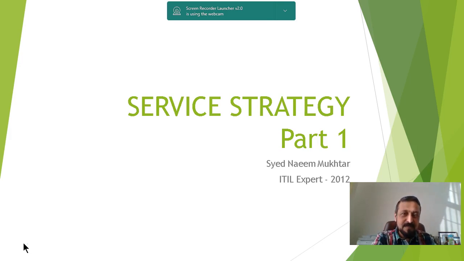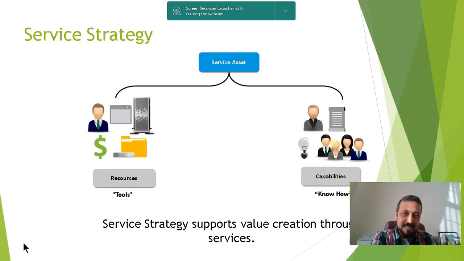Okay, so we're going to review the first life cycle phase of ITIL. It's called service strategy, as you probably remember from video number 4. So from a service strategy perspective, understand the term service asset.